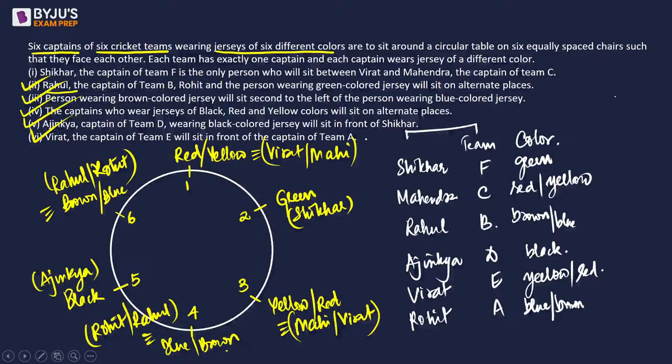Brown colored jersey will sit second to the left of the person wearing blue colored. Okay. So we know that brown is there and blue is here. But who sits there?